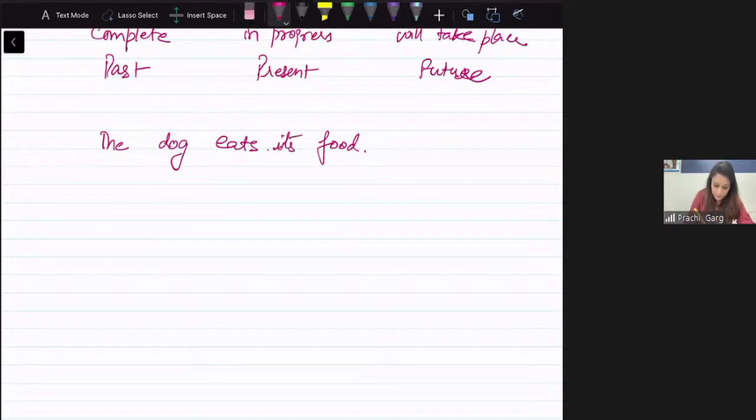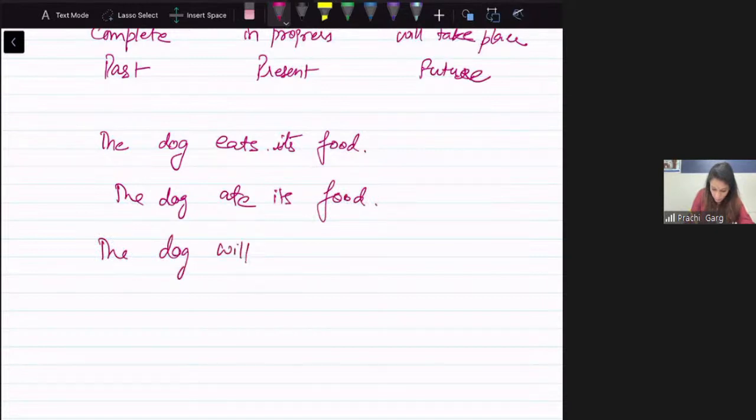The dog eats its food. The dog ate its food. The dog will eat its food. Now, quickly tell me which is in present tense, which is in past tense, and which is in future tense.